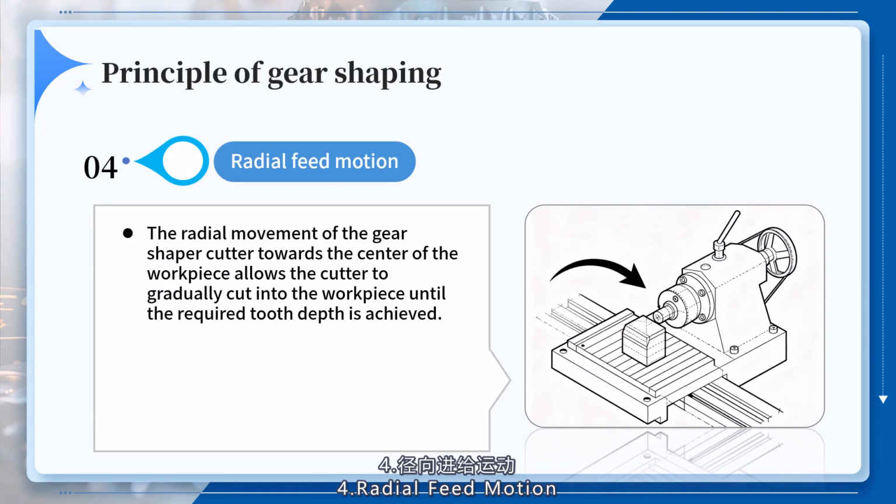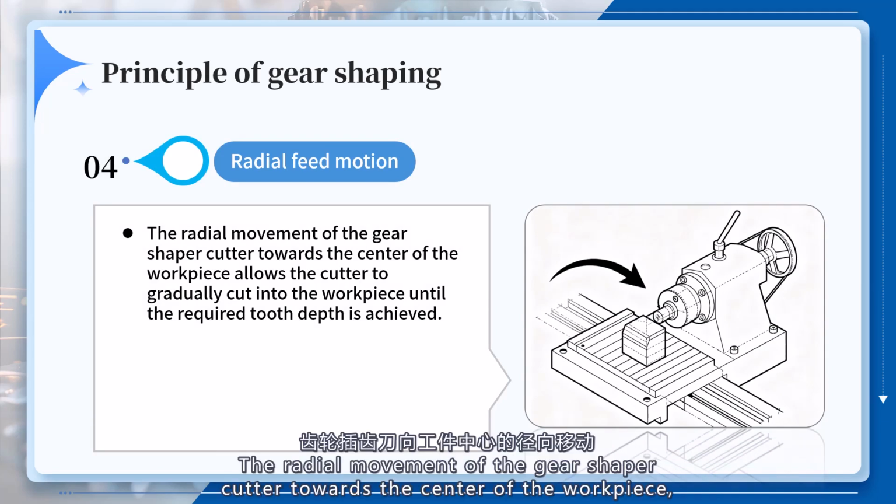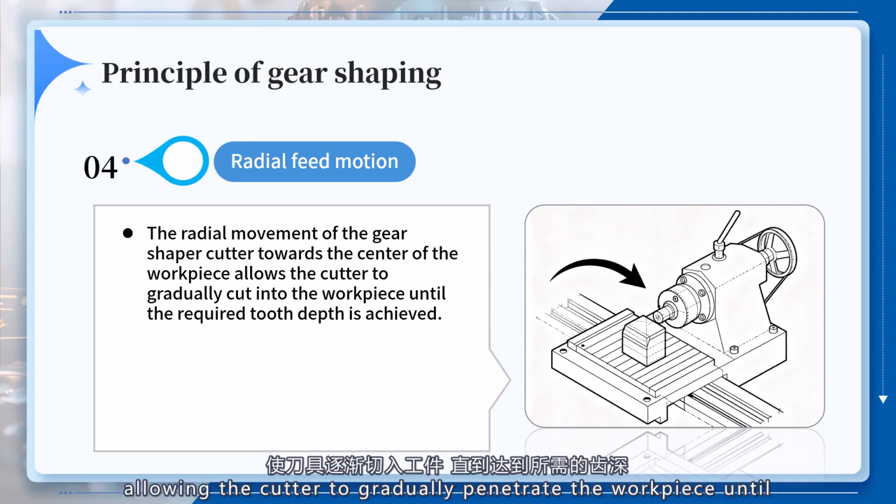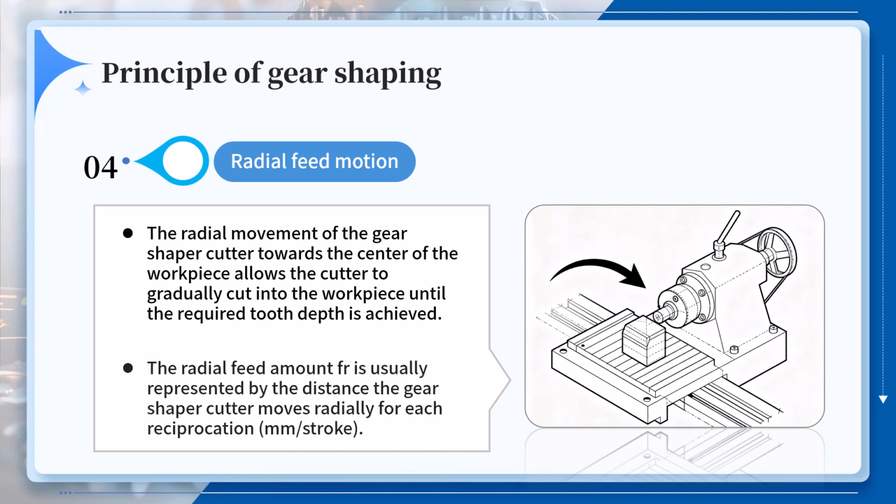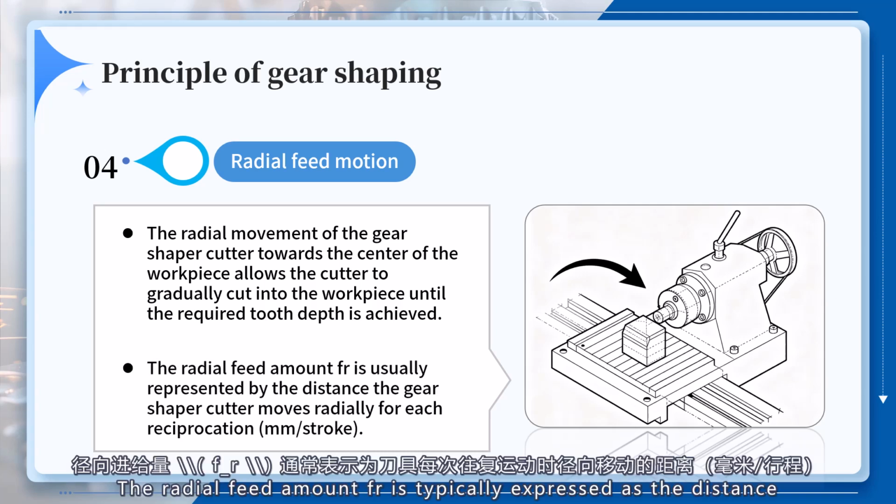Radial feed motion: the radial movement of the gear shaper cutter towards the center of the workpiece, allowing the cutter to gradually penetrate the workpiece until the required tooth depth is achieved. The radial feed amount f_r is typically expressed as the distance the cutter moves radially per reciprocation, mm per stroke.